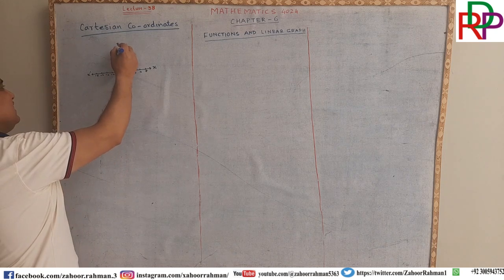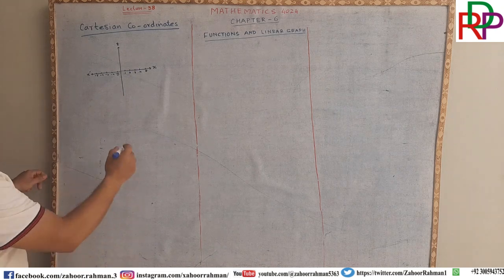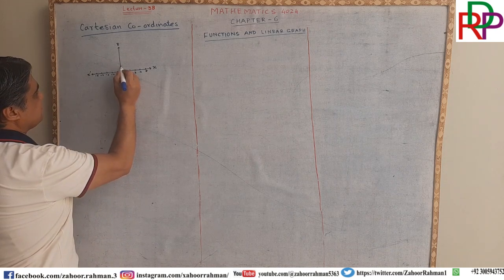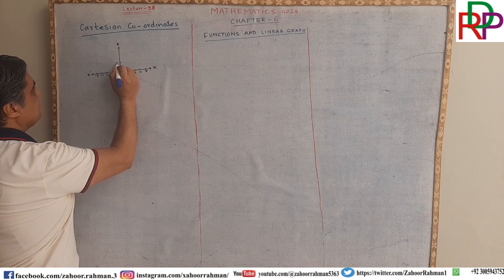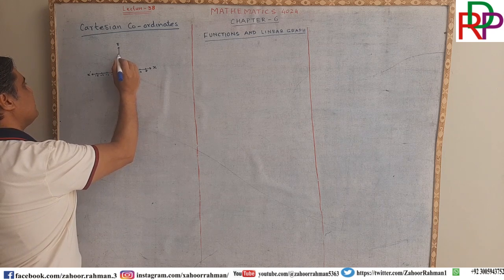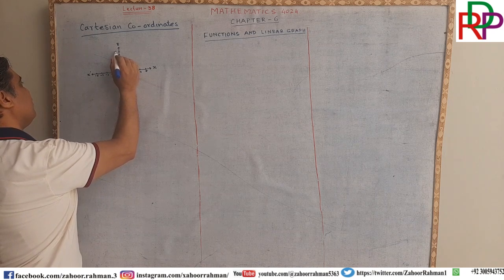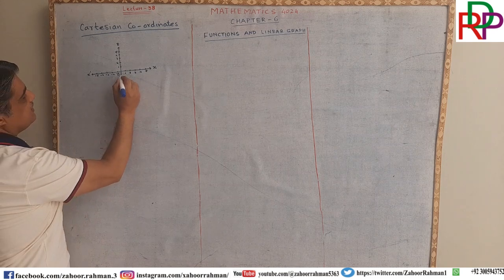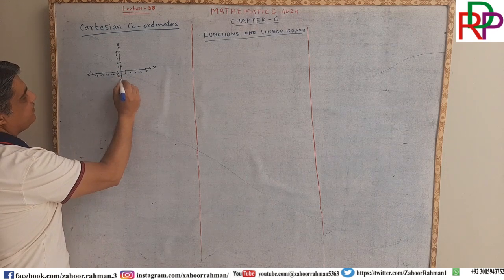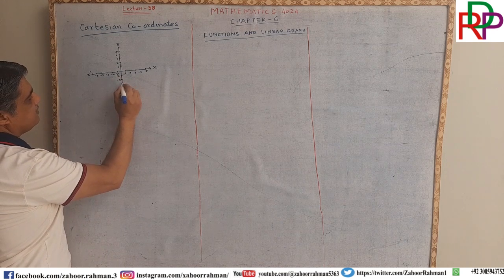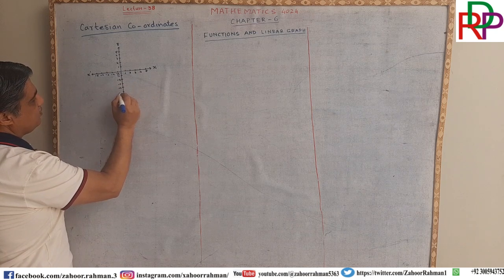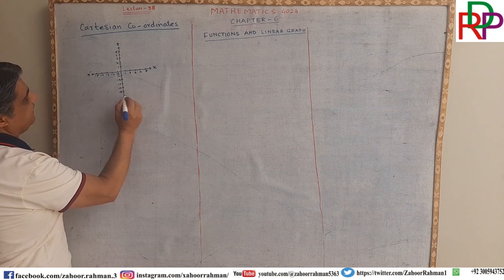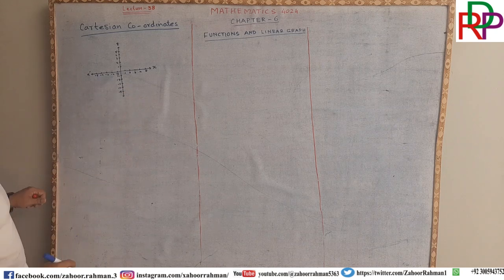Similarly, there is a positive y-axis, and this one is 1, this is 2, this is 3, this is 4, and similarly this is 5. Below the origin, there are negative y-axis -1, -2, -3, -4, -5 and so on.